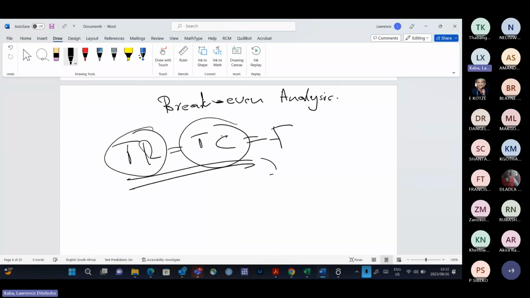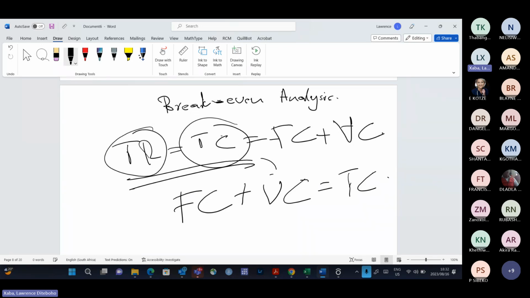Total cost is made up of your fixed cost plus your variable cost. So now we include these two for us to calculate our total cost.